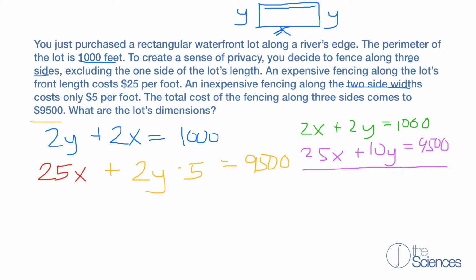So now what we can do is cancel out one of our variables. To do that, we're going to multiply our first equation by negative 5, so that we can cancel out our 10y's.